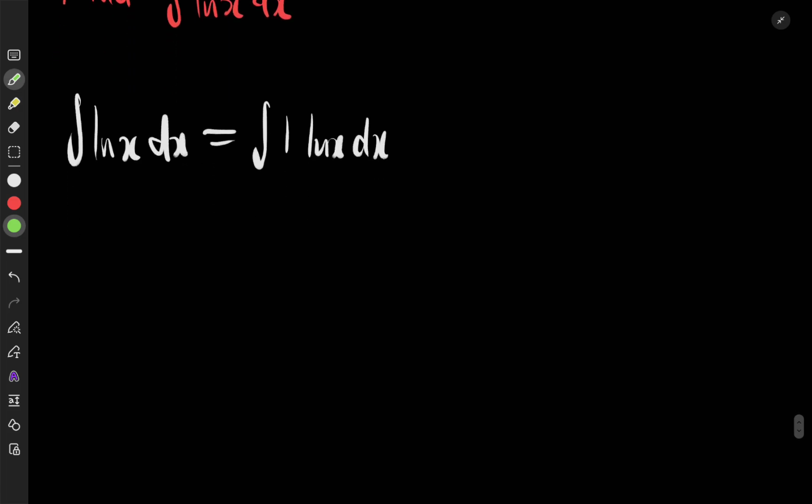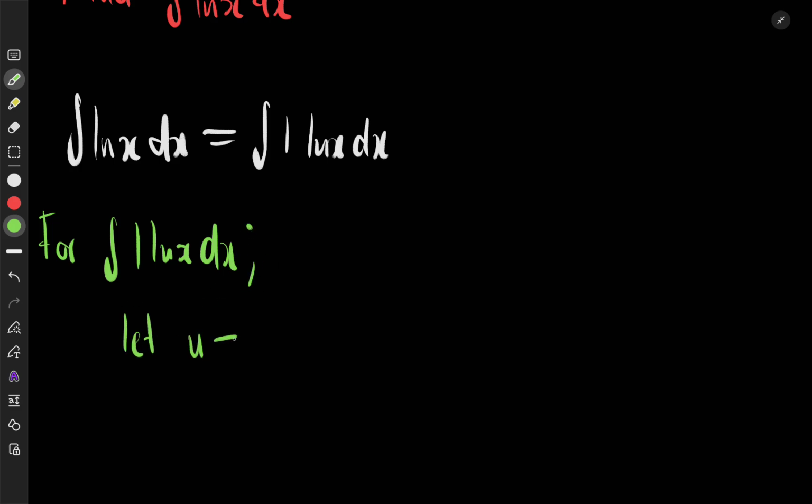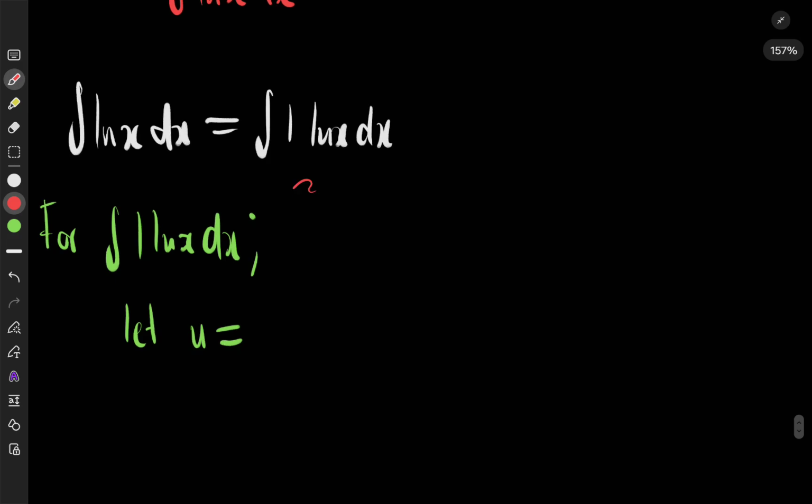Then what would I do now? For the integral of 1 ln x with respect to x, I would say let u be equal to, here, let's put our LIPET, okay? What do we have?